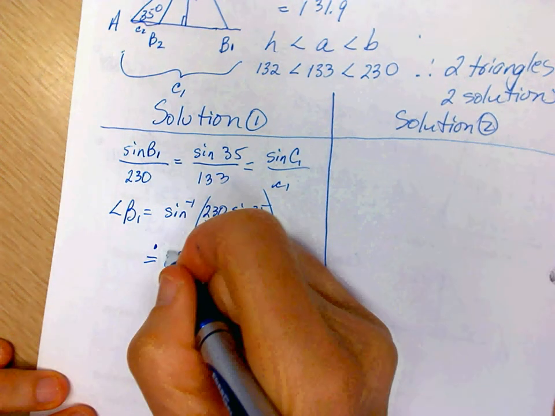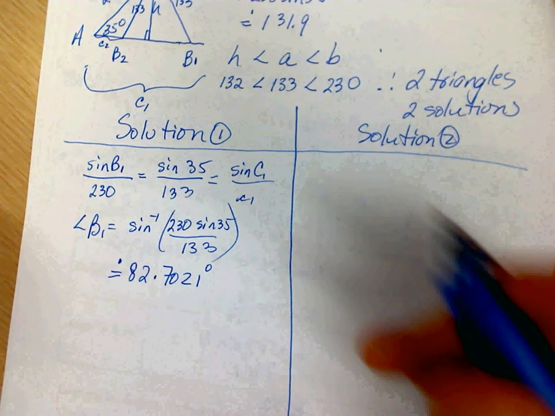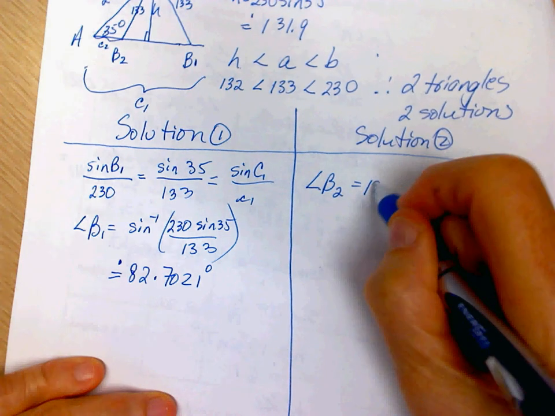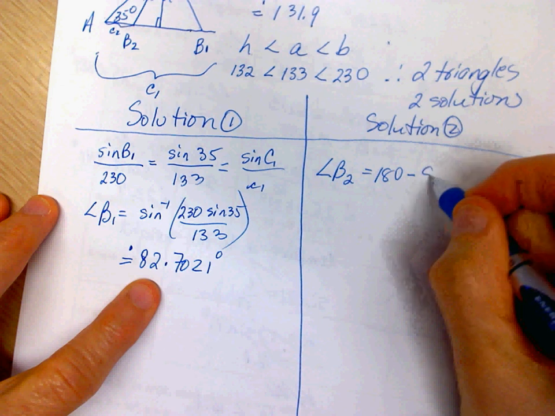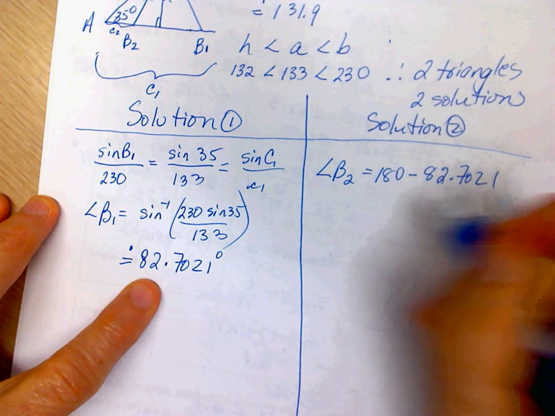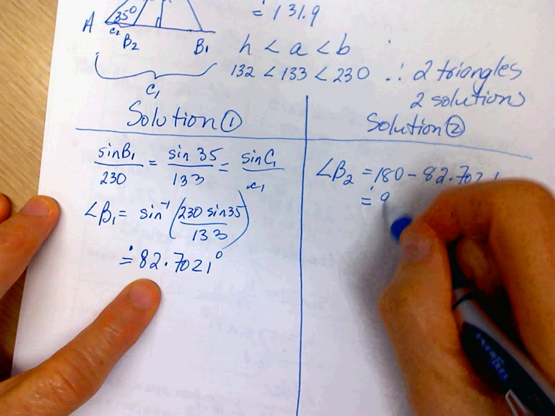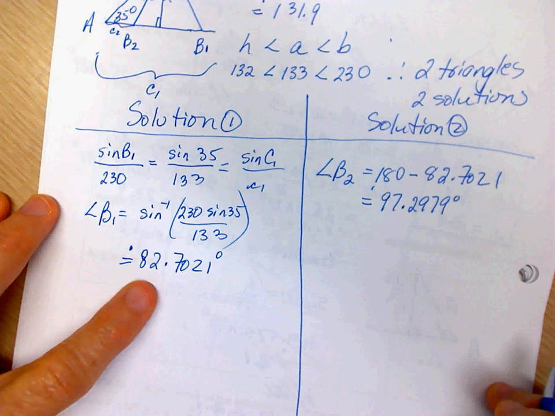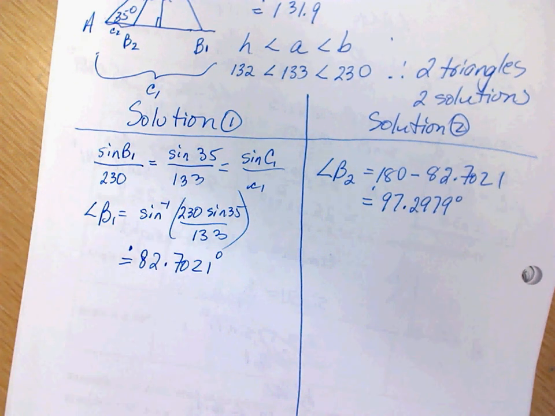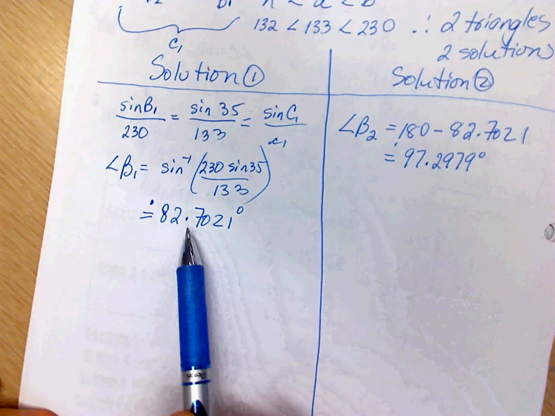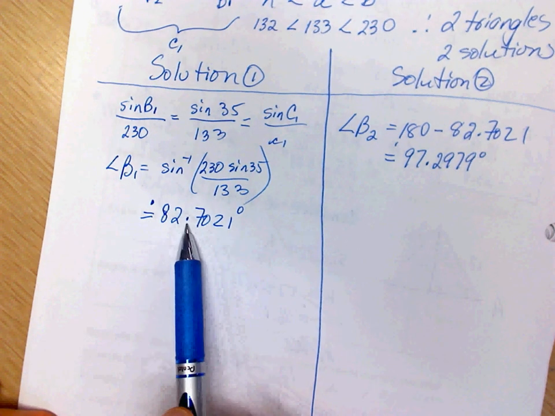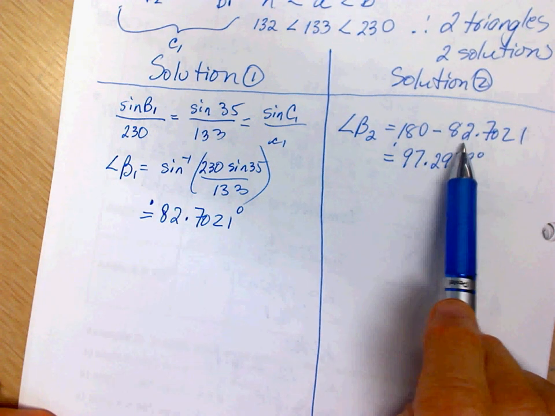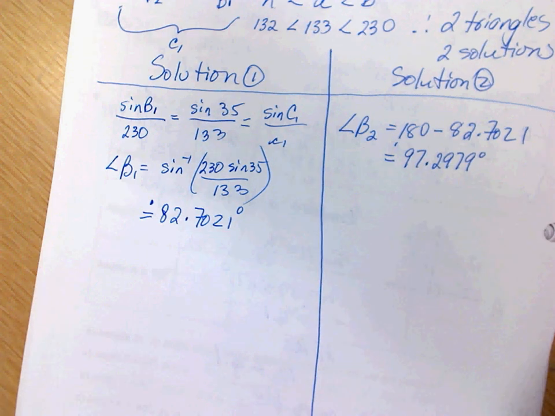Now, right away, angle B2 is equal to 180 minus this. Because this is a related acute angle. The sine of a related acute angle and the sine of 180 minus the related acute angle are equal. Those trig ratios are equal. So you have this ambiguous case.